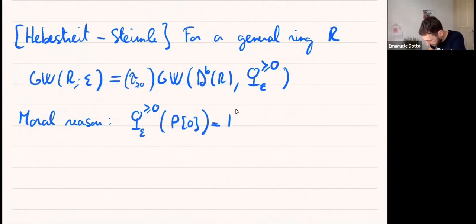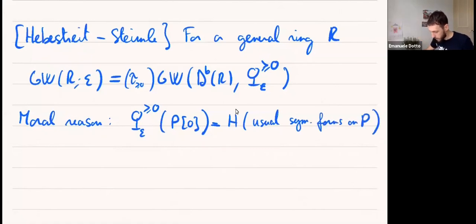It is just the Eilenberg-MacLane spectrum of the usual forms on P, as defined at the very beginning of this talk. They form an abelian group, and its Eilenberg-MacLane spectrum is this one. This is not too difficult to see just from the pullback square.